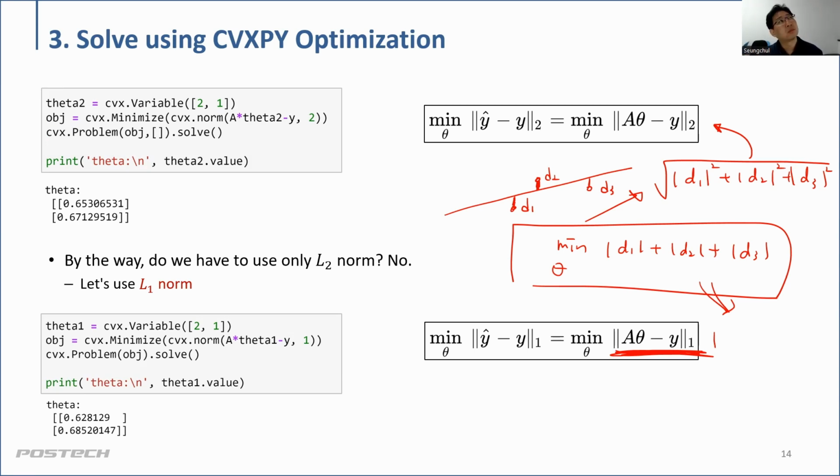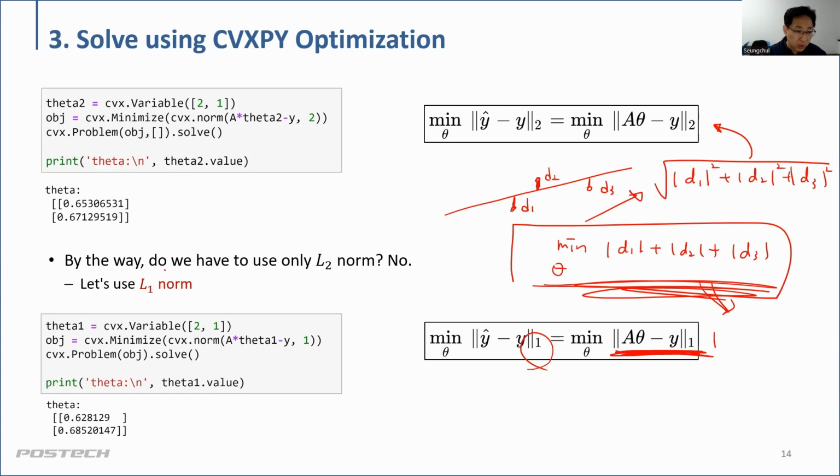I'm thinking that there's no specific reason that we have to stick with the two norm. So let's try the one norm. There's no specific reason to use one norm or two norm, it doesn't matter. Let's see what kind of result we can get out of it.